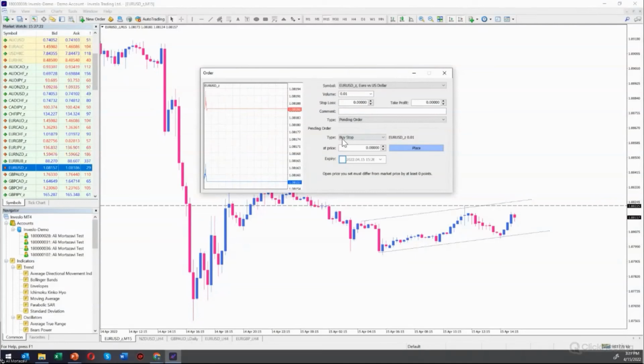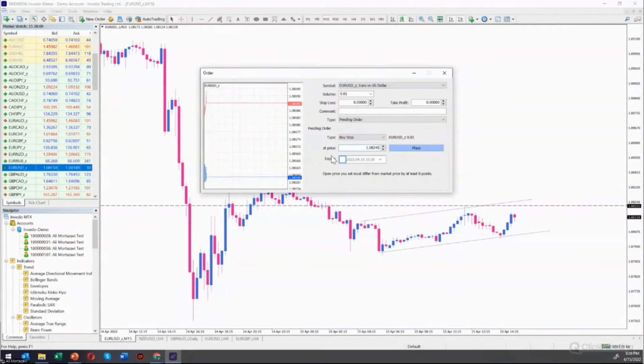So we can choose the buy stop, and here you have to determine your price. For example, the resistance level that I can see here is 1.08225, and I would go with, for example, 1.08235, with some buffer above that, or even higher. It's just your call.